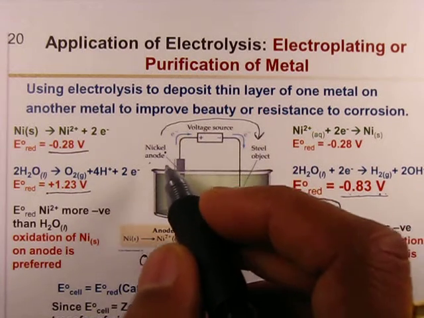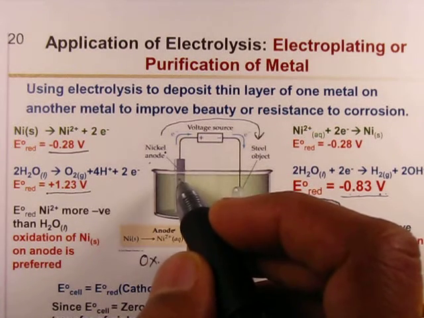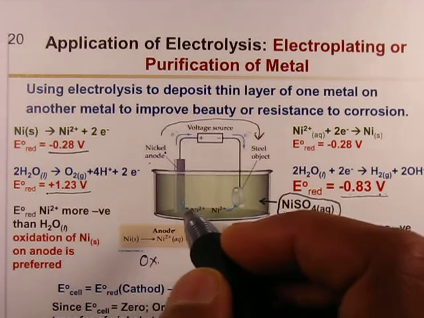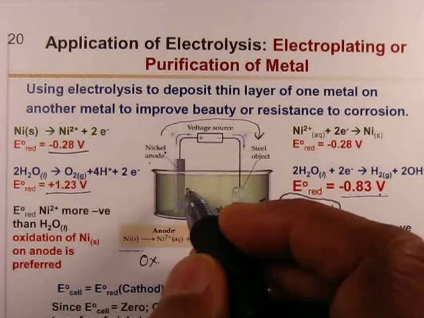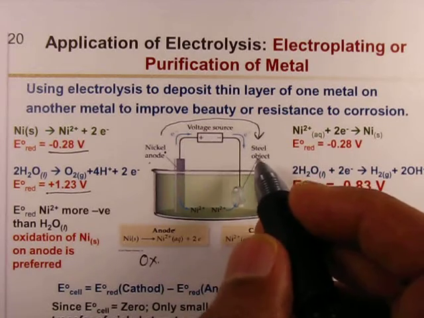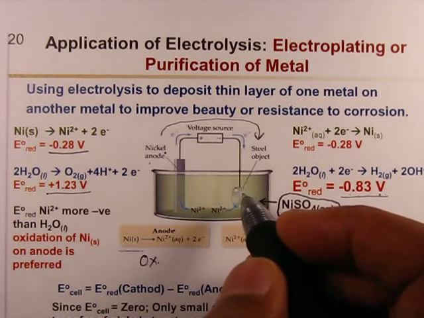In this case, usually nickel becomes the anode and oxidation of nickel happens, and reduction happens on the steel metal.